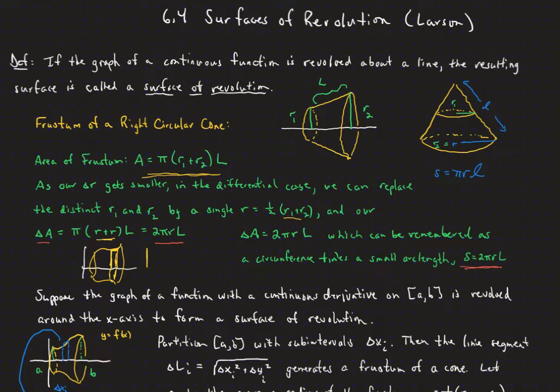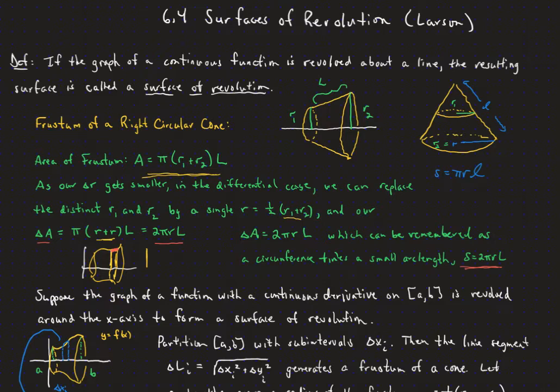And then that L is going to be a little bit of arc length. This takes us back to what we were doing earlier with arc length, because that little slant height of the frustum is going to be our arc length that we did earlier.